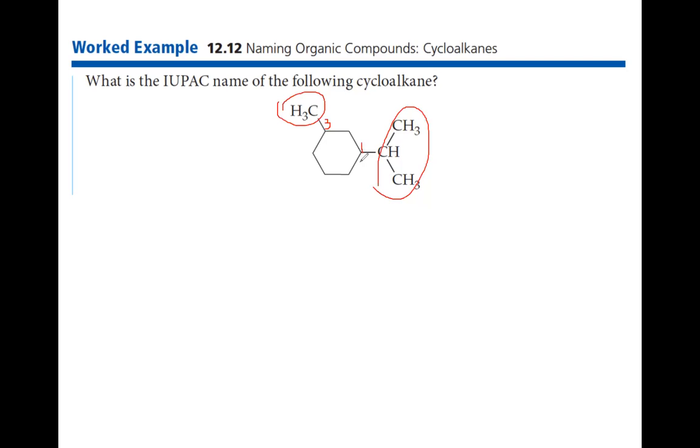But since it's isopropyl, we use I, and that comes before M. Again, we number it counterclockwise so that the methyl group is 3. So the name is 1-isopropyl-3-methylcyclohexane. That's the name.